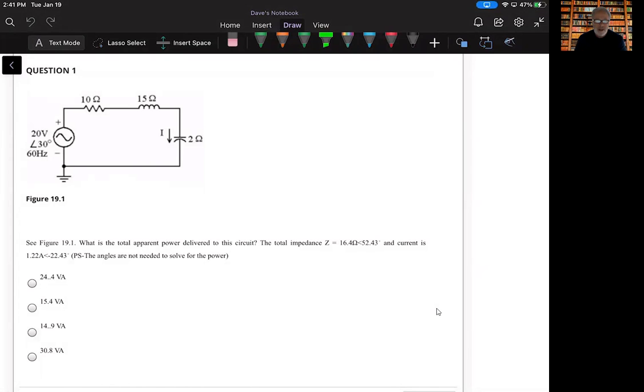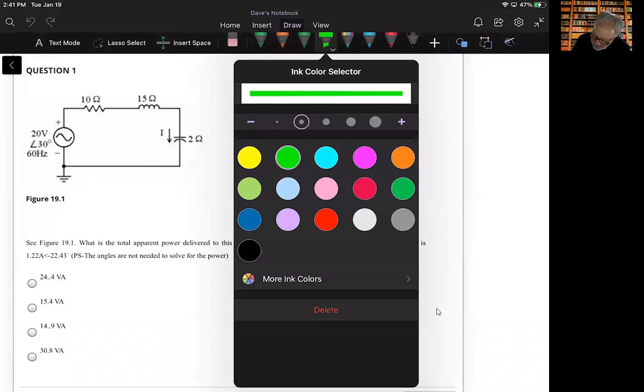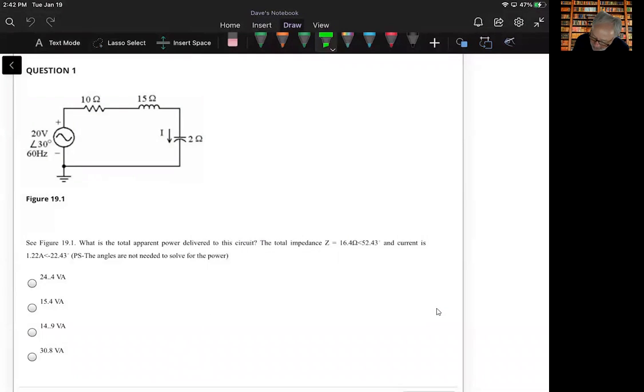What you're dealing with there are what we call traditional circuit analysis problems. As I look at this problem, I can see that I have the following components. I have a 10 ohm resistor, a 15 ohm inductor, and a 2 ohm capacitor.